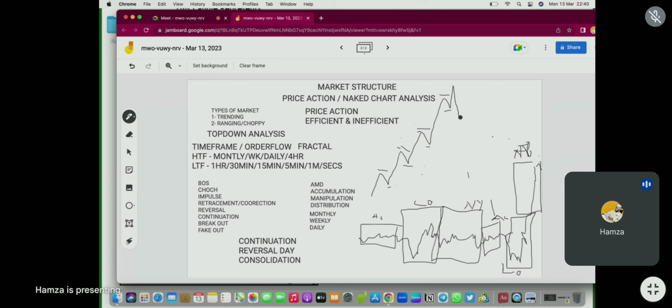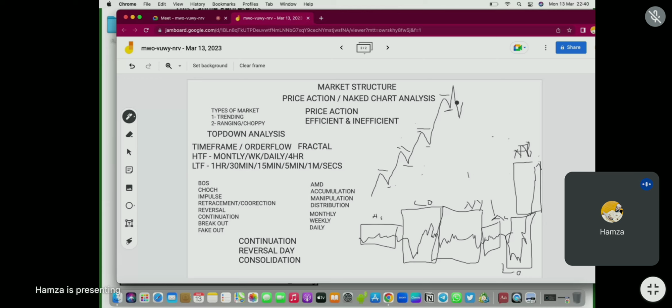A reversal. So this initially is intended to be a correction, then impulse, but it failed. It broke this structural low that we expect to get protected, but it got broken. So the fact that it got broken, a BOS in the opposite direction, is a CHoCH.